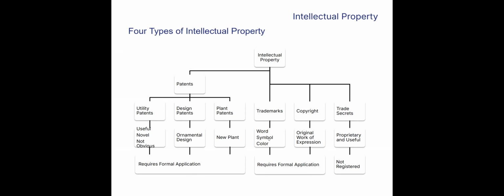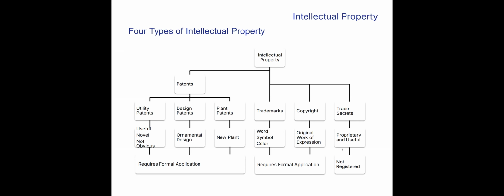Trademarks, so any word, symbol, or color. So the swoosh in Nike and things like that would all be trademarked. Copyrights, so movies, books, magazines, magazine articles, newspaper articles, curriculum would all be that. Again, requires a formal application, although there are some things you can do to protect immediately, even before you get the application turned in. And then there's trade secrets.